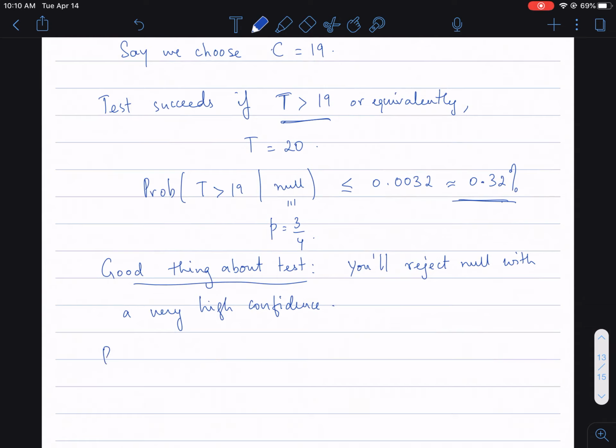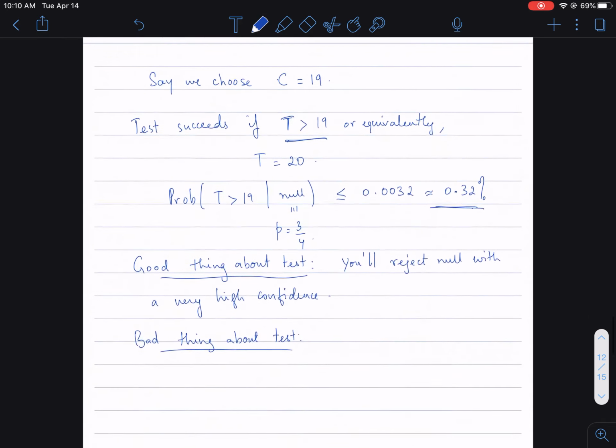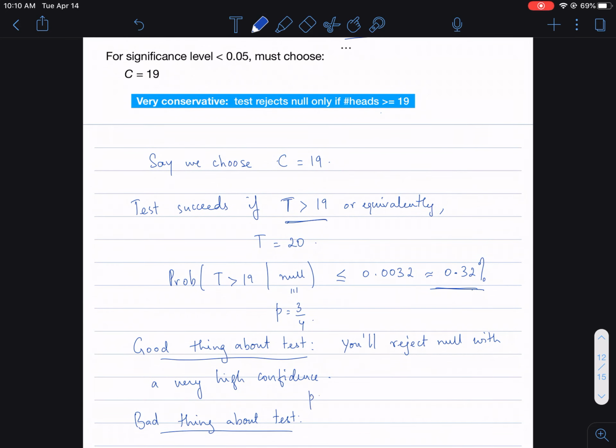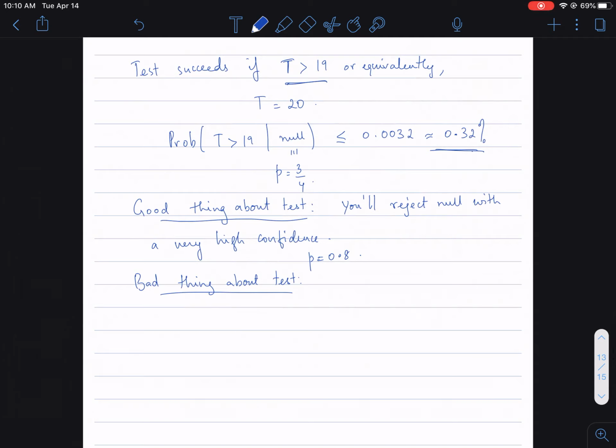So what is the bad thing about this test? The bad thing is that you may reject things that are not the null. So let's say p was 0.8. If you evaluate this quantity, this will still be kind of low. So you will pretty likely reject this value of p also.